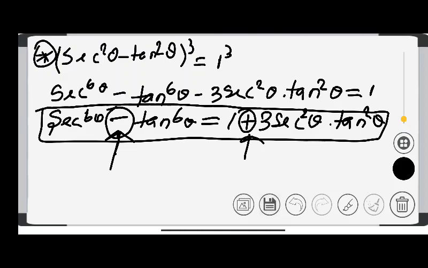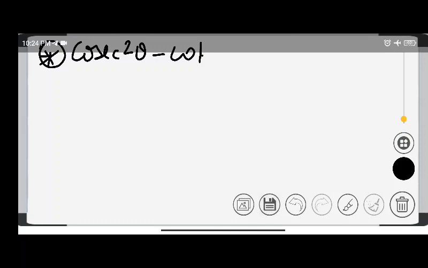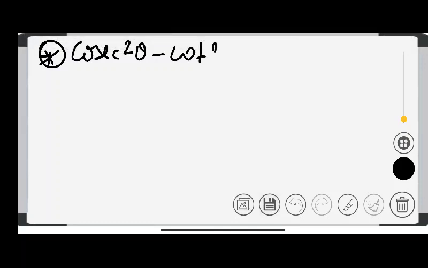Let's jump to the next formula. The next identity is cosecant square theta minus cot square theta is equal to 1.